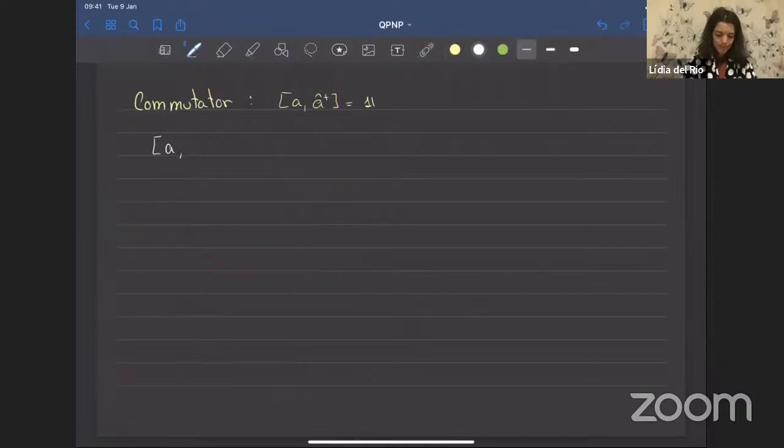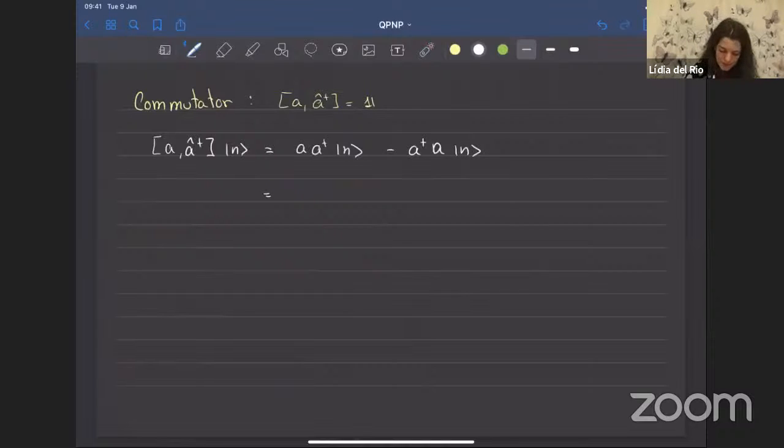You're just going to see how it acts on the basis element there. It's identity restricted in this subsystem at least. So this is going to be a subspace. So A A dagger minus A dagger A on |n⟩.